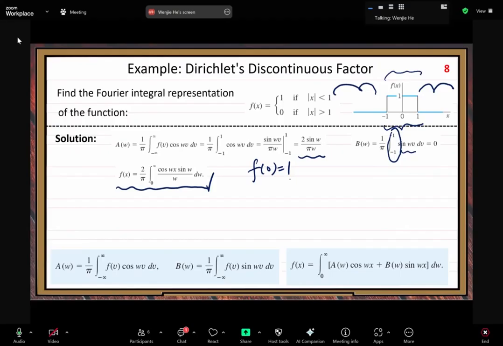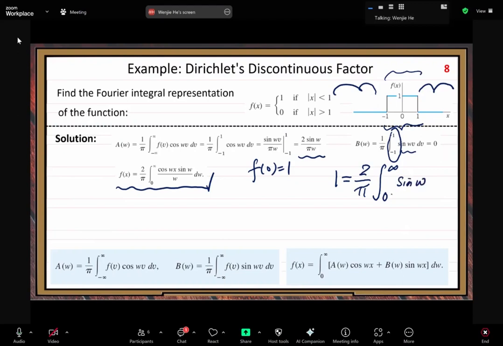The right-hand side is 2 over pi times the integral from 0 to infinity. Cosine w times 0 is cosine 0, which is 1, so the cosine part is gone. So you have sine w over w.